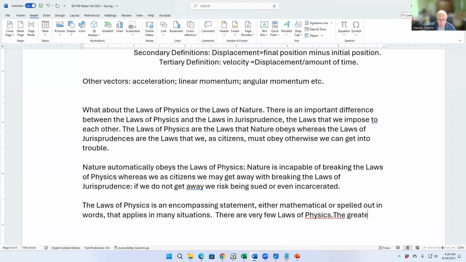The greatest contribution you can make to science is to formulate a new law of physics. So when Einstein came up with that crazy idea that length, mass, and time depend on velocity, he managed to prove that by formulating a new law of physics.